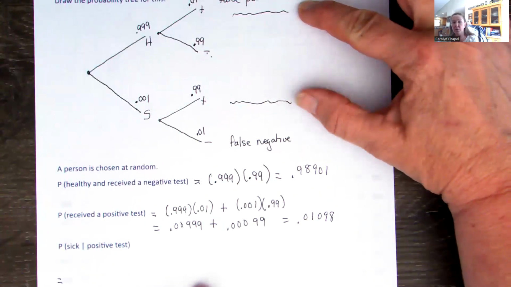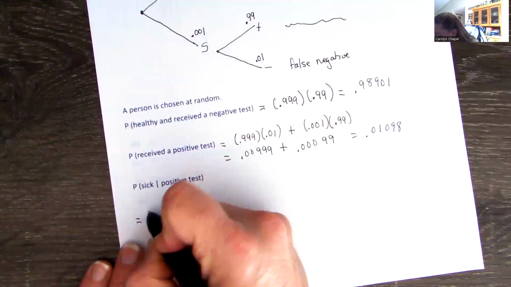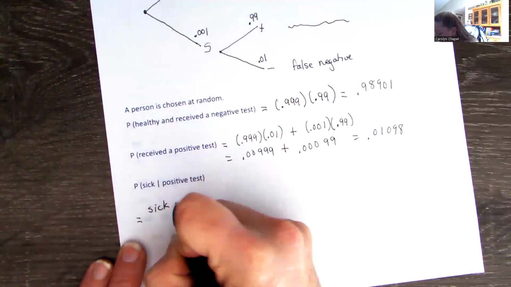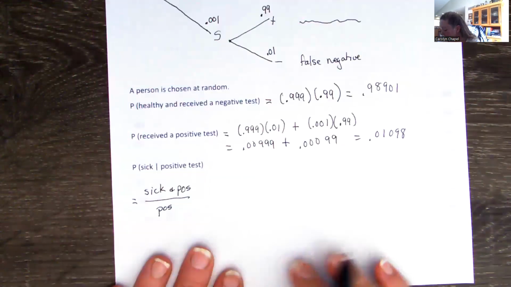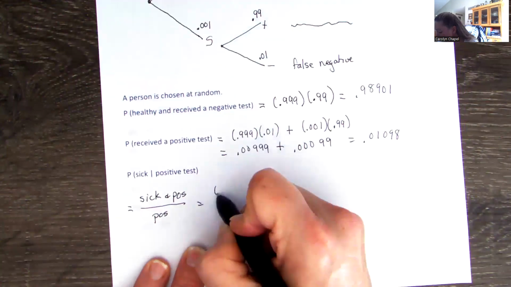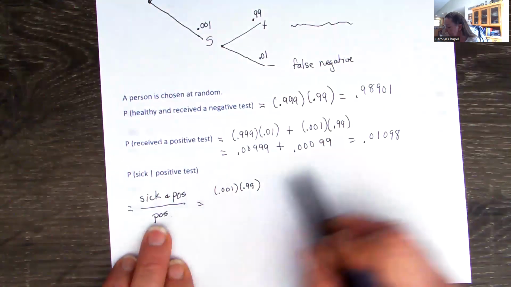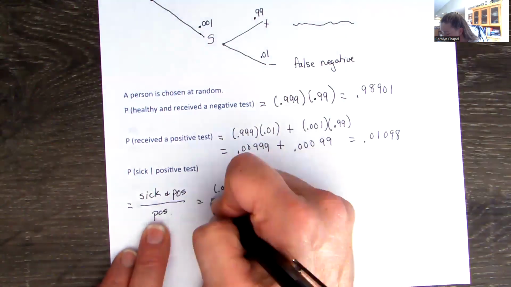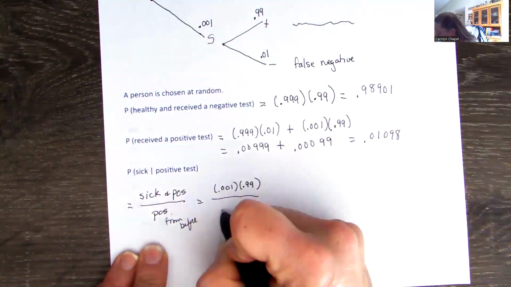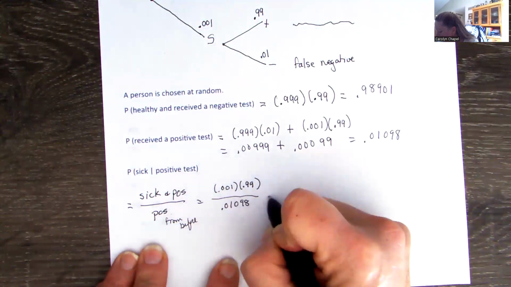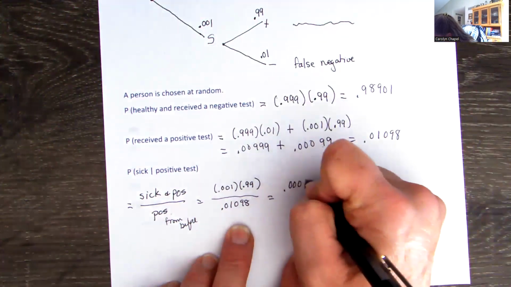What is the probability that you are on that sick and positive branch? So that's going to be sick and positive out of the positives. So sick and positive, that's my 0.001 times my 0.99. And my positive, that's what I just calculated up above, 0.01098. So multiplying these two together, and I've done that here, 0.00099.